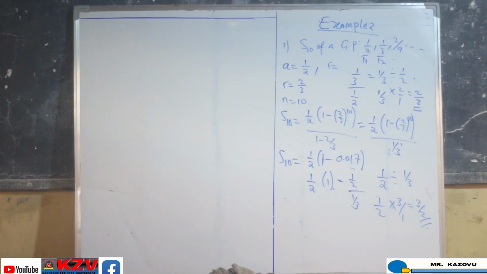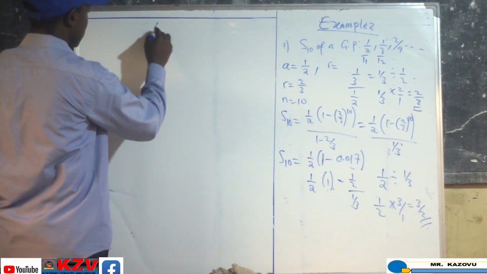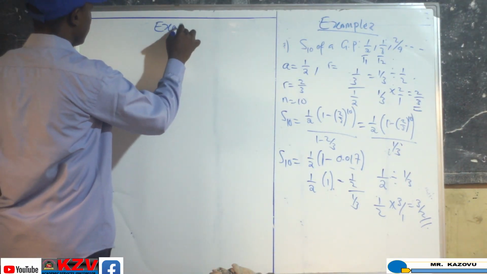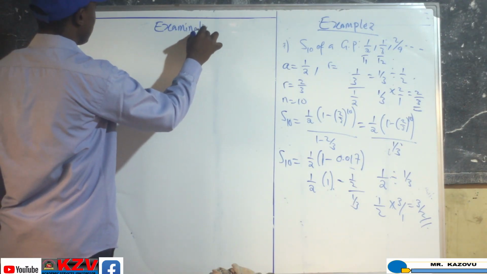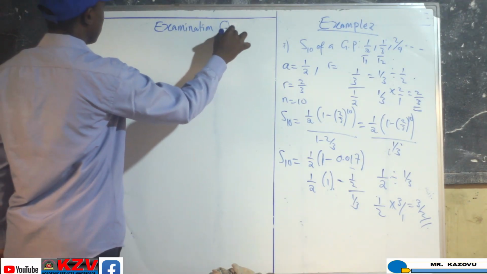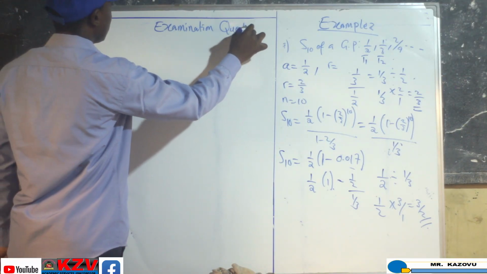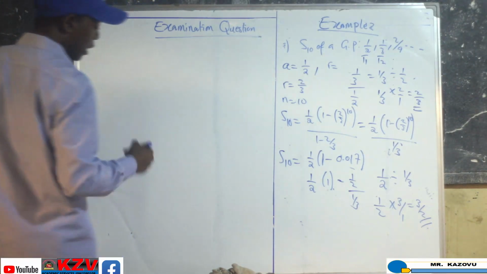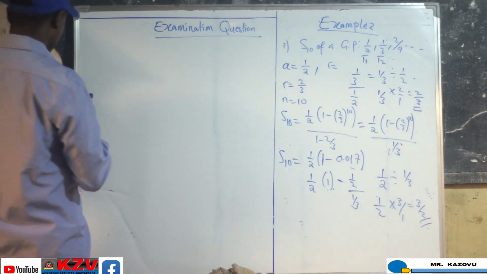That one is grade 12 mathematics, paper 2, internal. So we have gone to examination questions now, on GP, mathematics, paper 2. Examination questions. So let's see if we can answer 3 questions so that we have confidence.